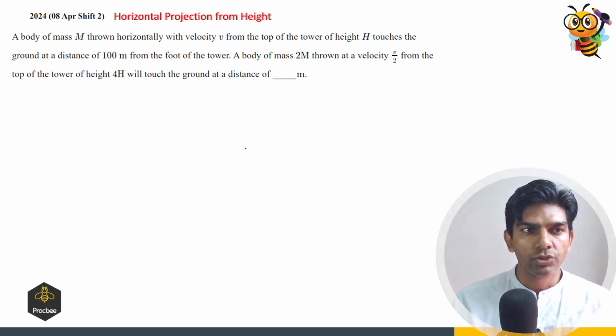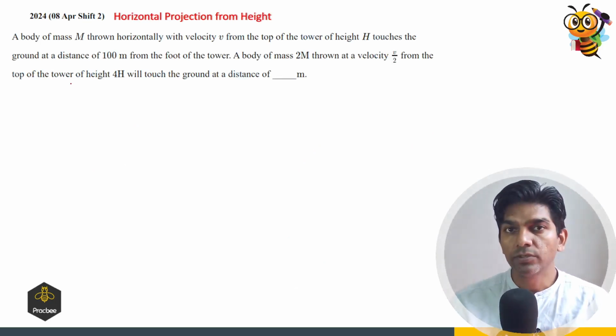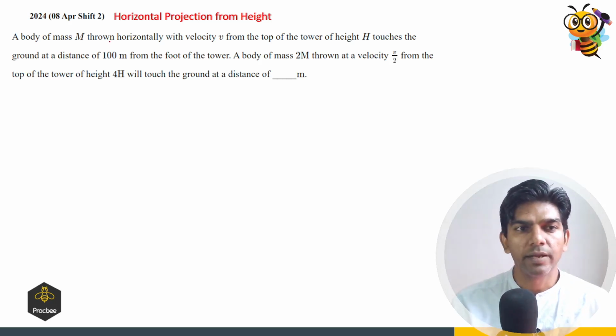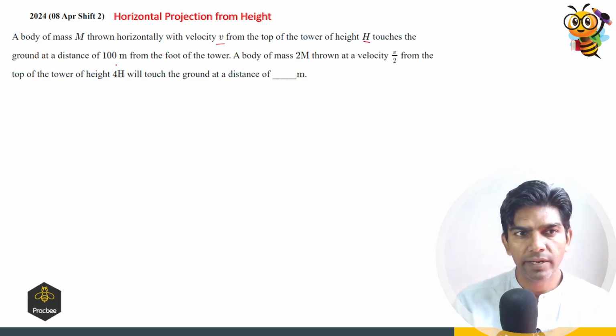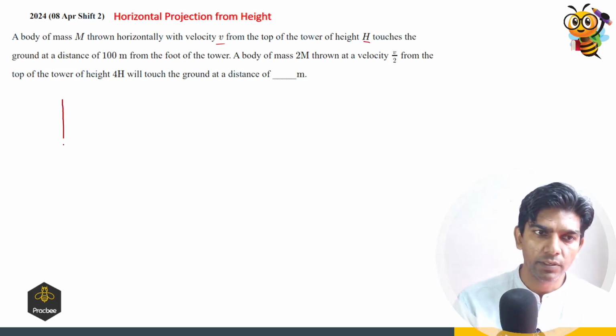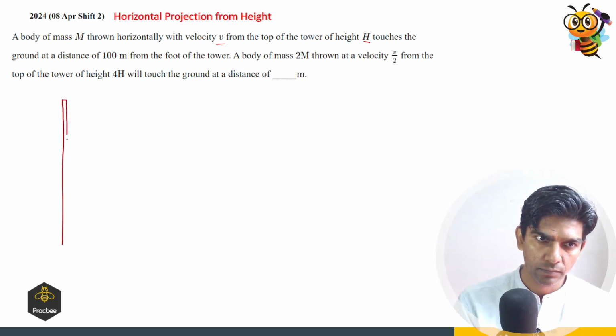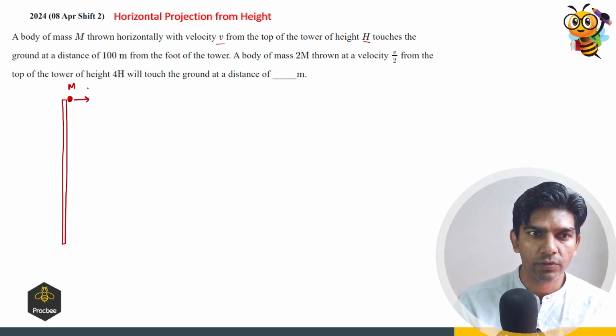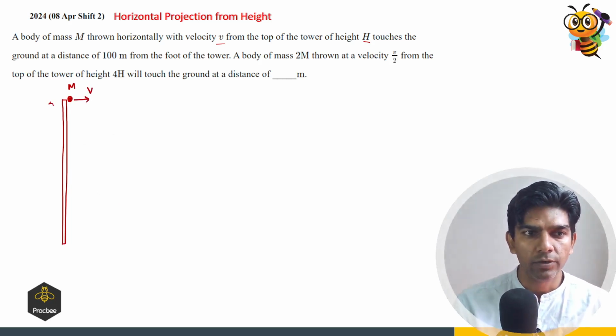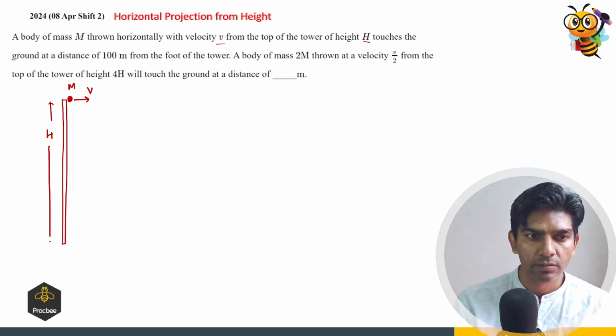Now let us see this question. Based on the same problem type, a body of mass m thrown horizontally with a velocity u from the top of a tower of height h touches the ground at a distance of 100 meters from the foot of the tower. So we have a tower, and we are throwing a ball of mass m horizontally with a velocity v, and the height of the tower is given as h.